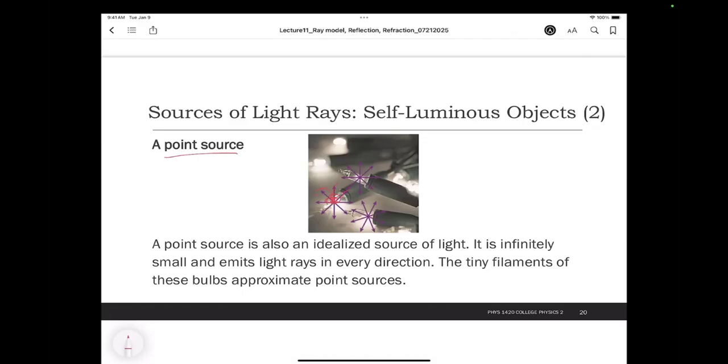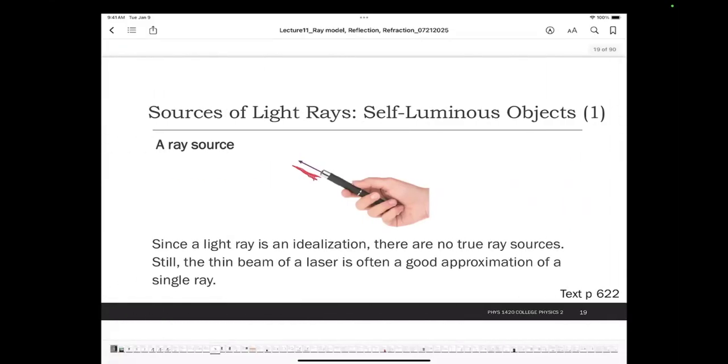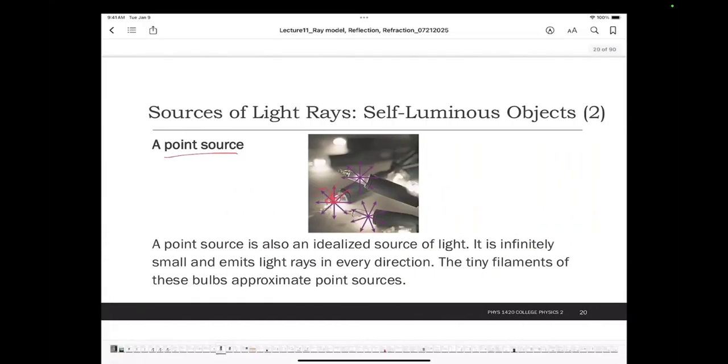The tiny filaments of these bulbs approximate point sources. We can consider them as point sources, but they're not; it's just an approximation. You can just remember that a laser we can consider a ray source, and those tiny filaments of these bulbs we can consider a point source because it's very small.